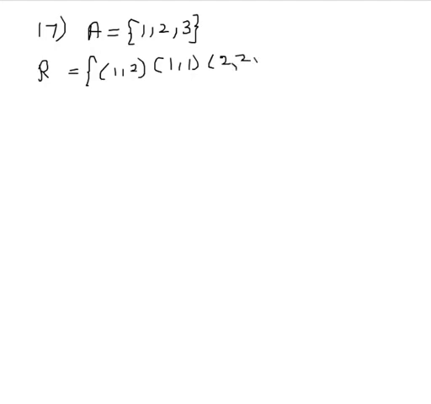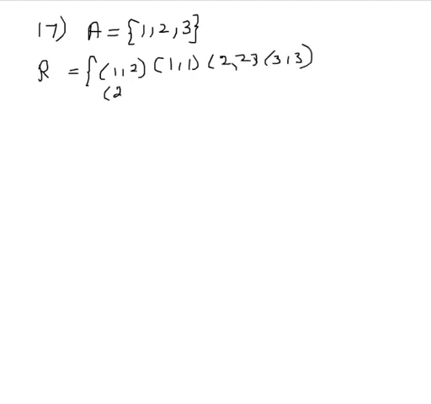Question 17. Let A be equal to {1, 2, 3}. Then the number of equivalence relations containing (1, 2). Equivalence relation means it has to be reflexive, symmetric and transitive. So to make it reflexive, I have to include (1, 1), (2, 2), (3, 3).